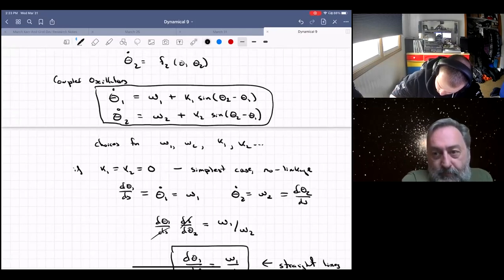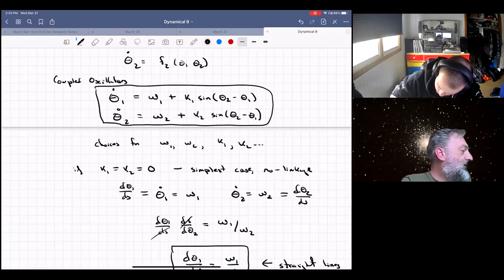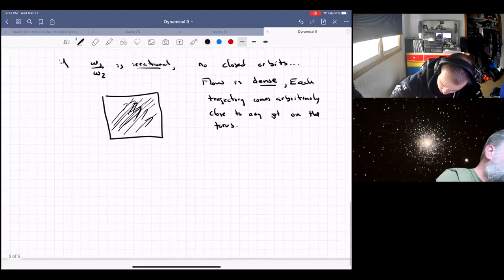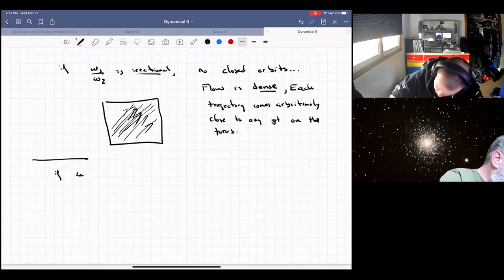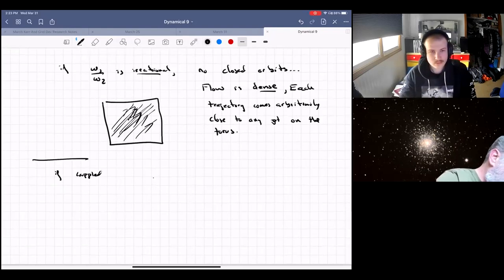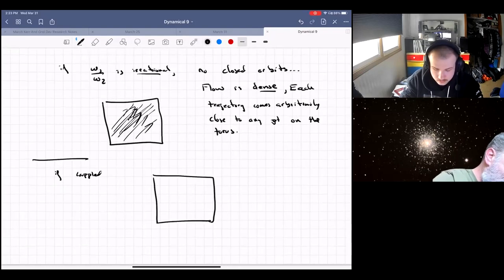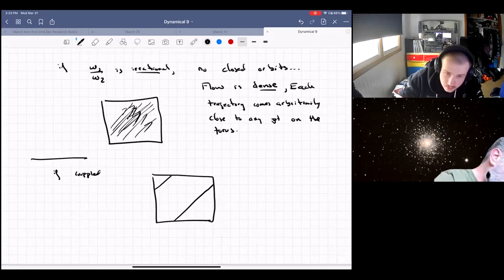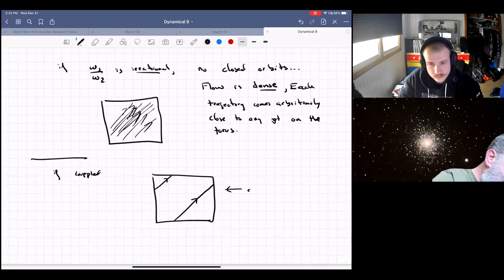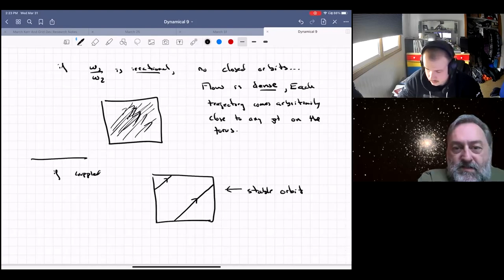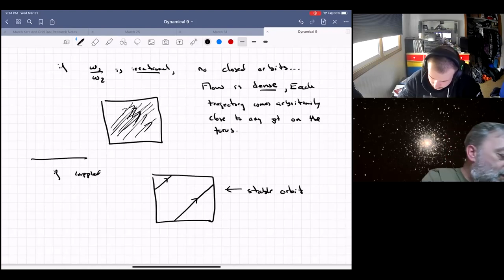Once you couple them, you might have a stable orbit in the coupled system, and then other orbits.